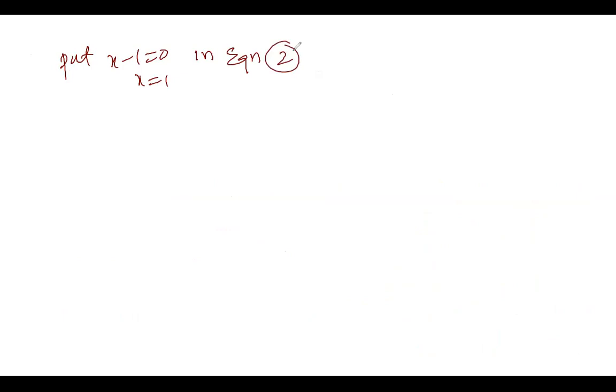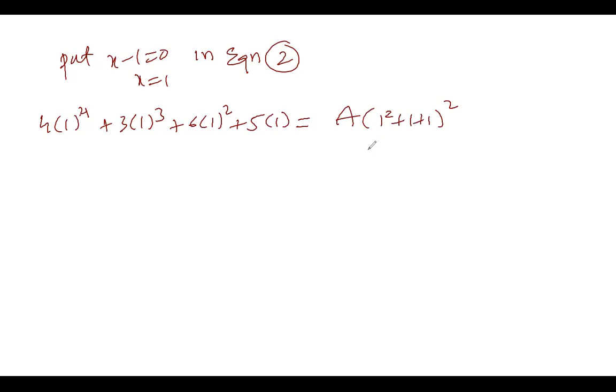When you put x is equal to 1, what you will get? 4 into 1 to the 4, plus 3 into 1 cube plus 6 into 1 square plus 5 into 1 is equal to a into 1 square plus 1 whole square plus b into 1 plus c into 1 minus 1 into 1 plus 1.